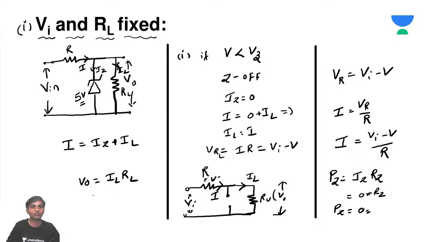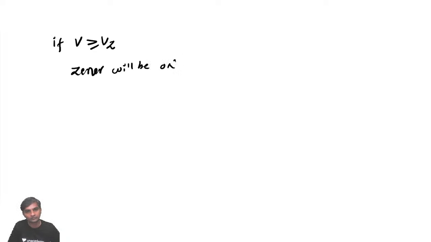Now in case 2, if the input V is greater than or equal to Vz, here the Zener will be on. Now when it is on, it acts as a power supply of Vz voltage.